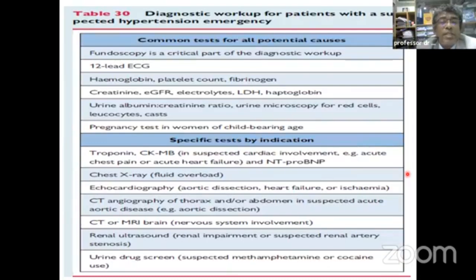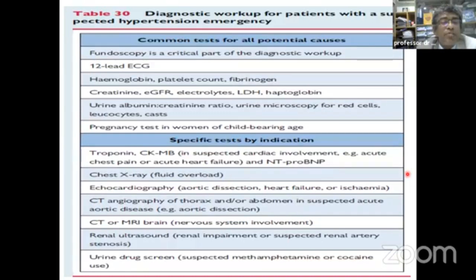ECG should be done to see target organ damage like hypertrophy of the left ventricle. Hemoglobin, platelet count, and fibrinogen should be done. The patient should have creatinine, eGFR, electrolytes, LDH, haptoglobin, and also a spot urine to see the albumin-creatinine ratio, and urine microscopy for red cells and leukocyte casts.